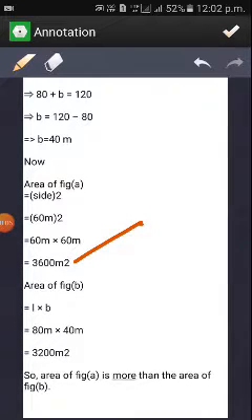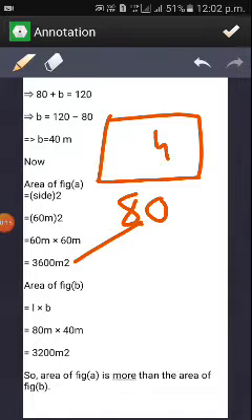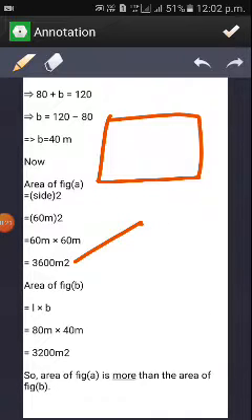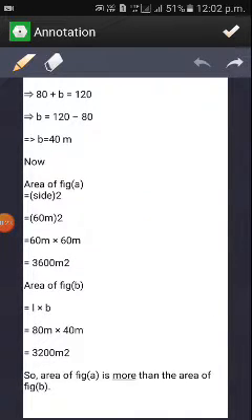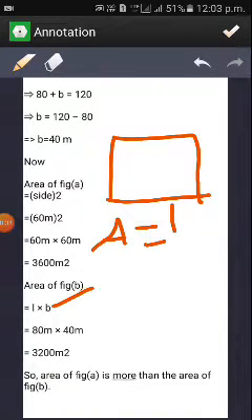Now area of figure B, which is a rectangle, and the given side was 80 and we found the breadth that came out to be 40. Now area of a rectangle is equal to length into breadth. You already know, we have already derived area of a rectangle is equal to length into breadth.